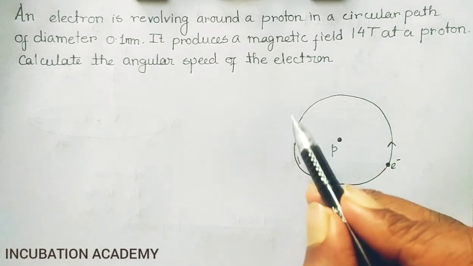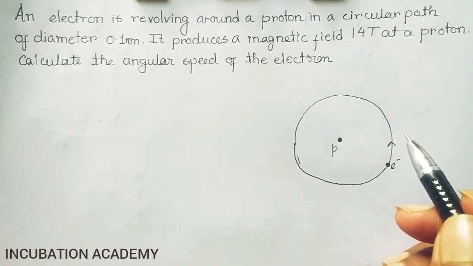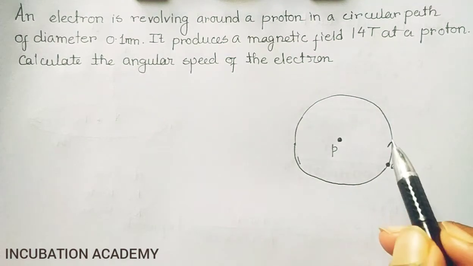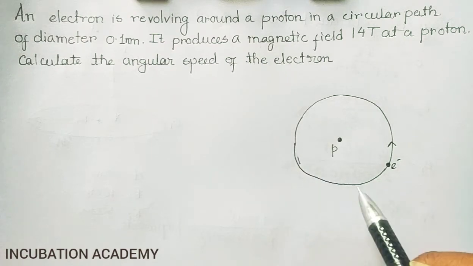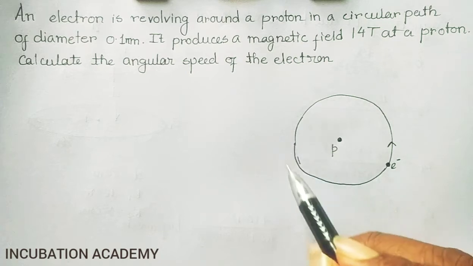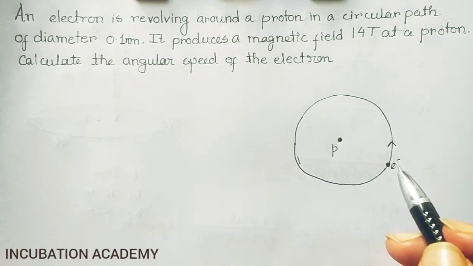As the electron is moving in this circular orbit, obviously it has a definite time period and a velocity while moving. Due to this rotation of the electron around the proton, a current is constituted around it.